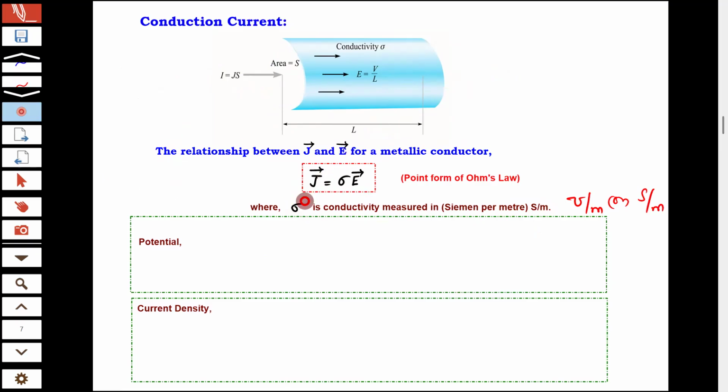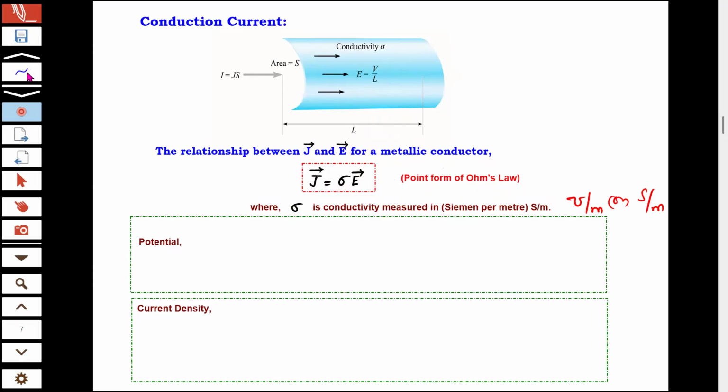Now with this conductivity value, if we know the electric field, then current density through this conductor can be given as sigma into E. This is for a metallic conductor. We call this equation the point form of Ohm's law, or the differential form of Ohm's law. We can get the actual Ohm's law equation from this J equals sigma E relation.